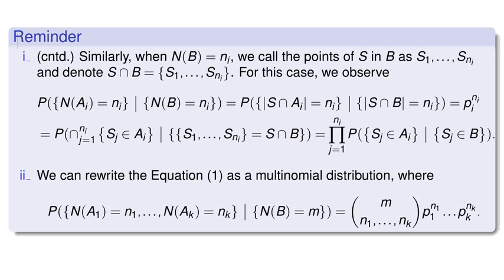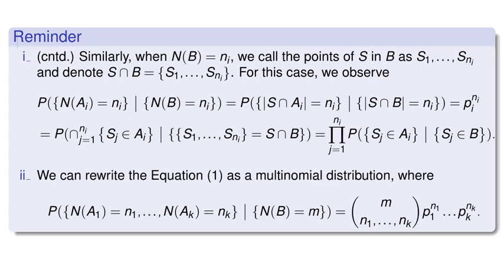This represents the probability that all n_i specific points fall into A_i, given they are in B. That is, it's the probability of the intersection from j equals 1 to n_i of the event S_j is in A_i, given that the set S_1 and so on till S_n_i is S intersect B. This seems to simplify to the product from j equals 1 to n_i of the probability that S_j is in A_i given S_j is in B.